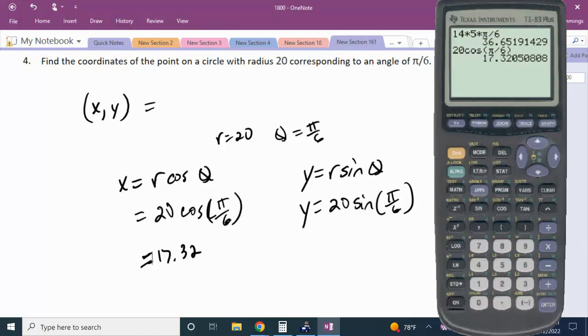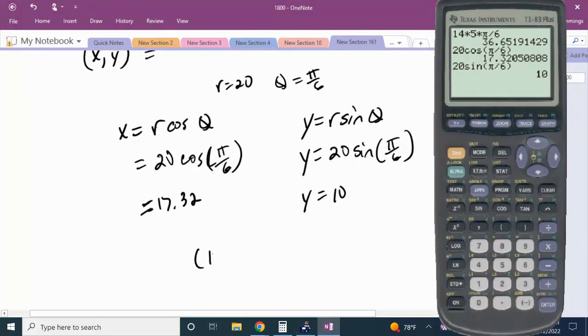And we have 20 times the sine of pi over 6, which is 10. All right, so we have the coordinates 17.32, 10.